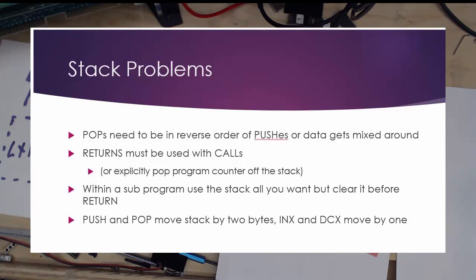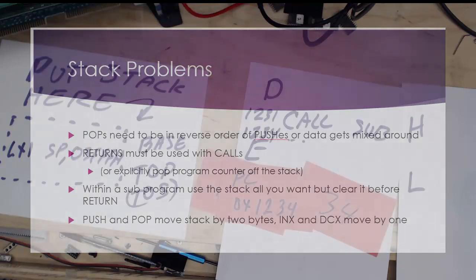When you push something on the stack, you have to pop something off the stack. So if you have a little loop where you're pushing and popping, you have to make sure that every time you go through that loop, those even out. Because if you continually push things onto the stack more than you pop things off, your stack is going to continue to grow. You have to remember that push and pop move the stack by 2 bytes, whereas increment and decrement only move the stack by 1 byte.